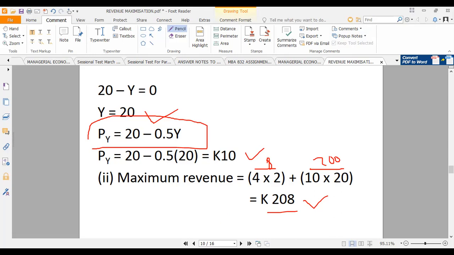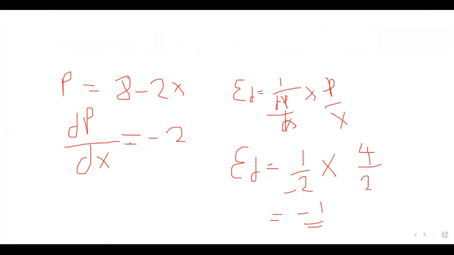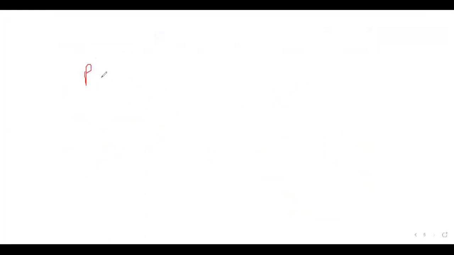Negative 1. Okay, how did you find the figure? Can you lead us through?